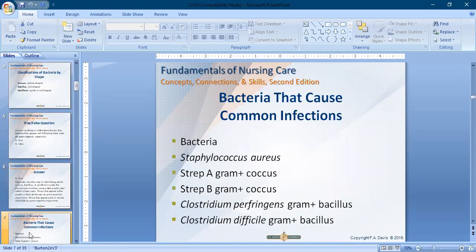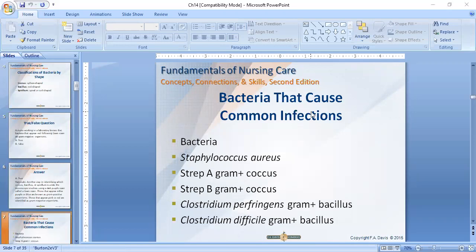And here we said different or common infections. Bacteria that cause common infections are Staphylococcus aureus, Streptococcus group A, Streptococcus group B, Clostridium perfringens, or Clostridium difficile.